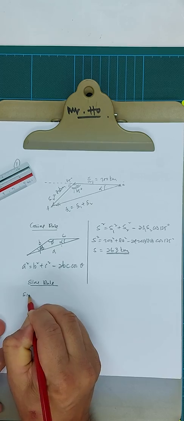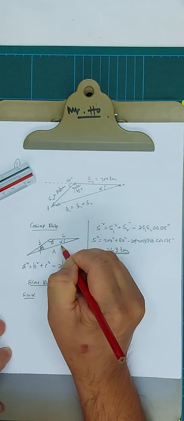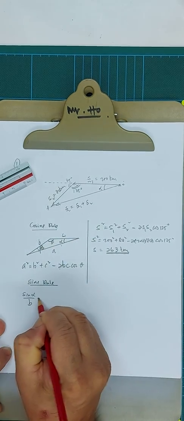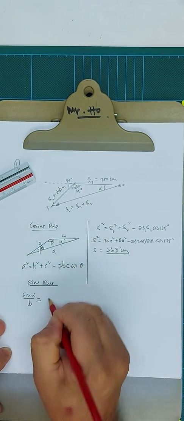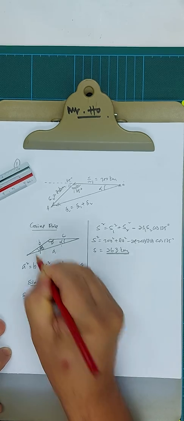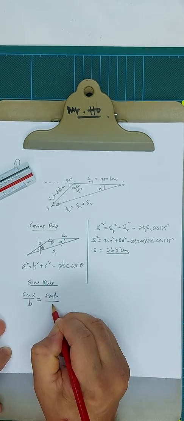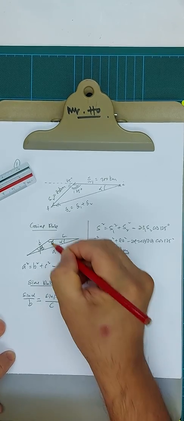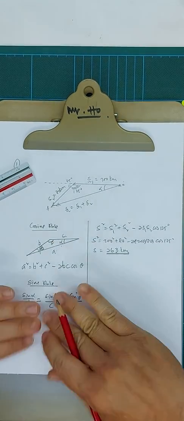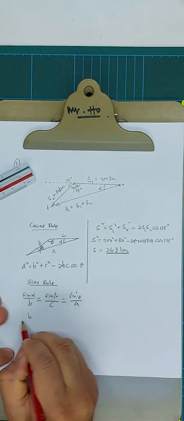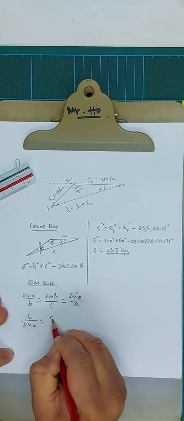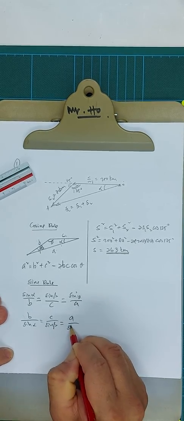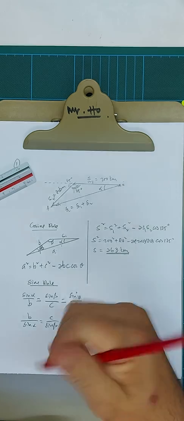According to the sine rule, sine alpha divided by the opposite side b must equal sine beta over the opposite side c, and also equal sine theta over the opposite side a. You can also put them upside down: b over sine alpha equals c over sine beta equals a over sine theta. It is the same ratio, except the values are different.